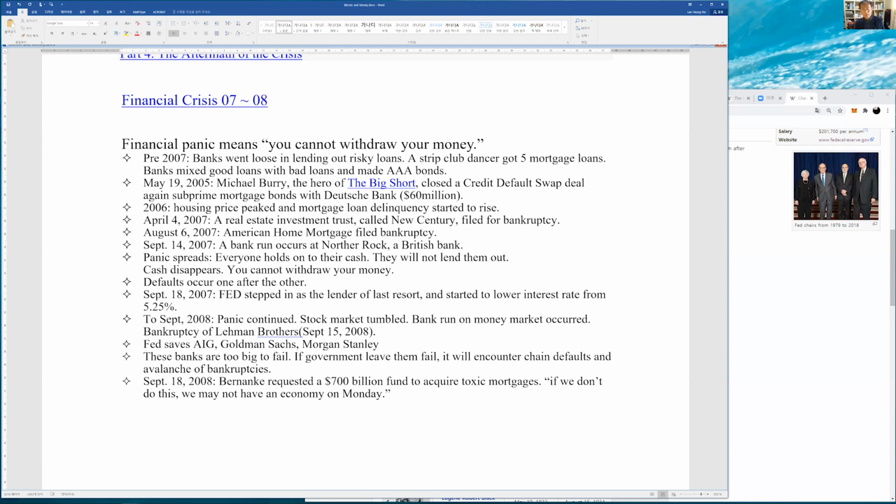The interest rate is very high, so you make more profit if it comes out okay. So, for example, a strip club dancer got 5 mortgage loans. That means she got 5 houses, right?